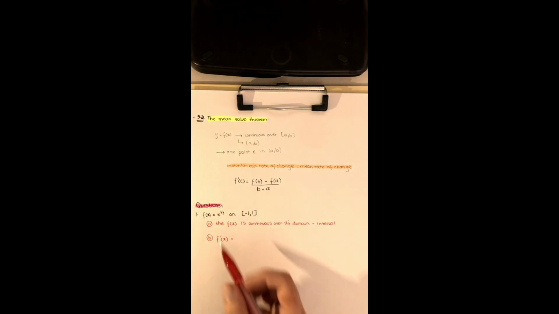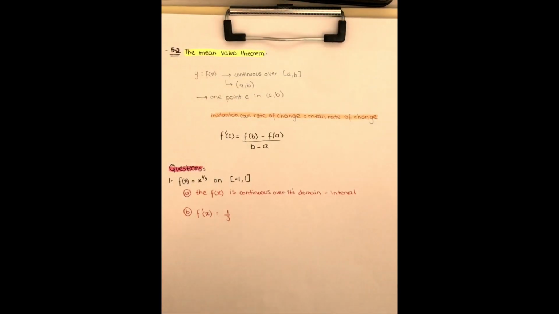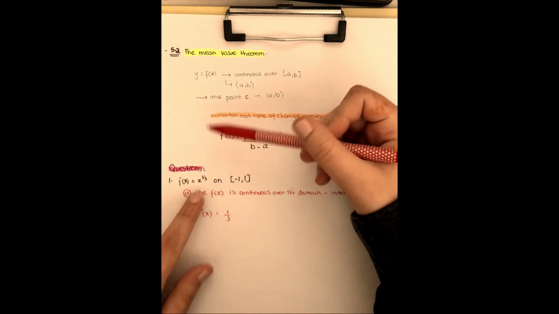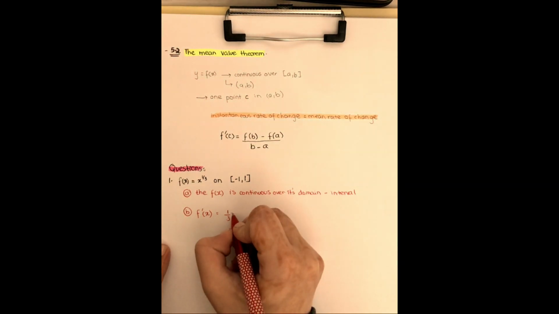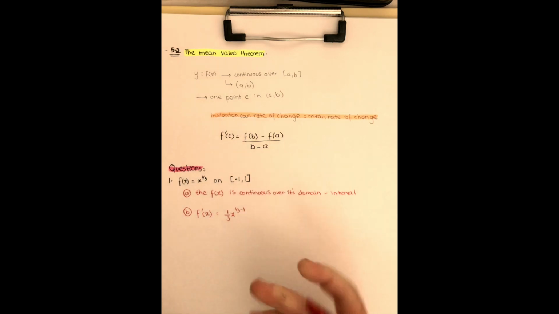In order to differentiate, we use the power rule. According to the power rule, we drop the power, keep the x, and subtract 1 from the power to get the new power.